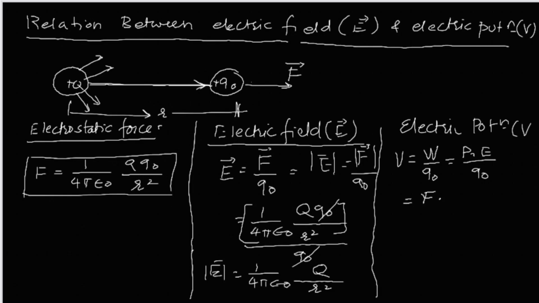So now here we can see this potential is nothing but work done divided by Q0. So what is work done? Suppose we again consider this charge Q0.